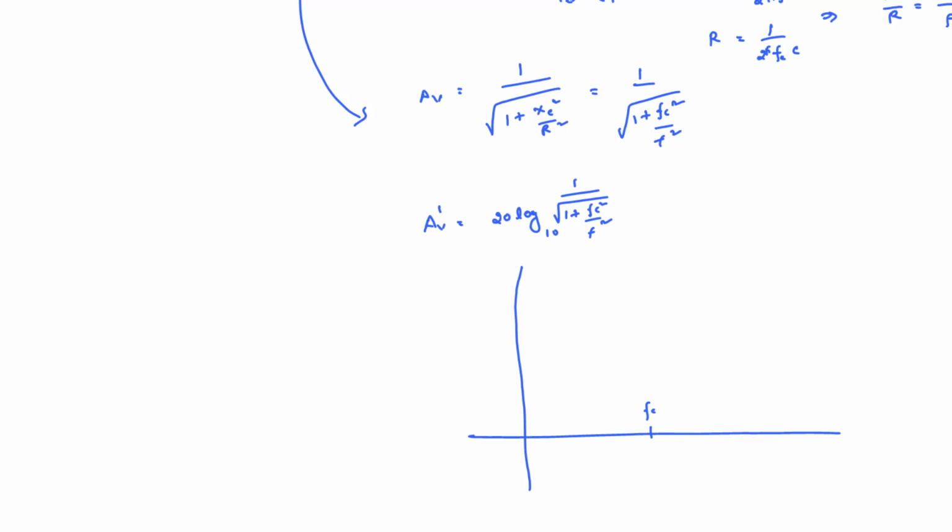Say, for example, when the frequency is so high that the input amplitude is completely passing through to the output. At that time, when the frequency is high, the capacitor reactance is negligible. Whatever input voltage you are giving, the same will appear across the output voltage.